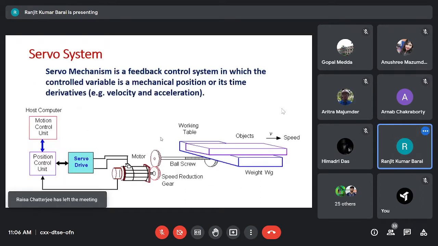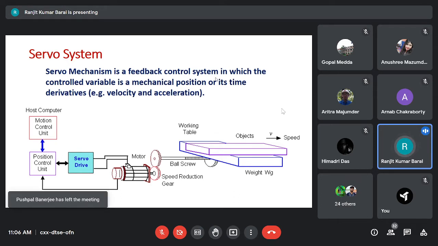So servo system. This is a typical example, a schematic diagram of a servo system or servo mechanism. Servo mechanism is a feedback control system, and it is quite common in machine tool applications, where you need precision motion control.